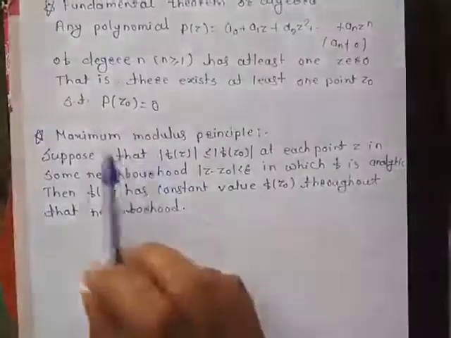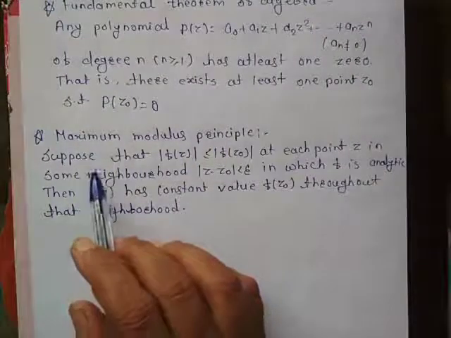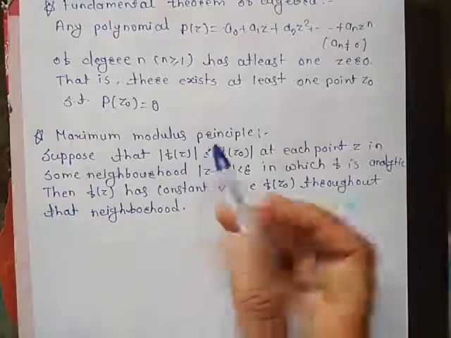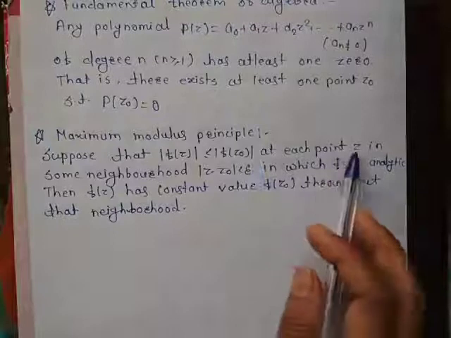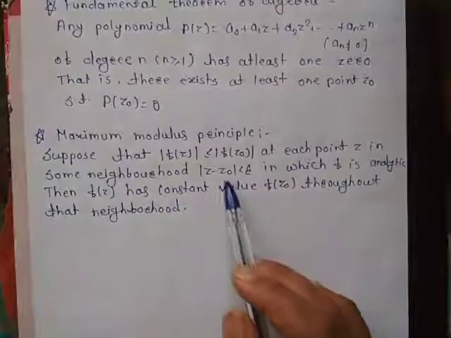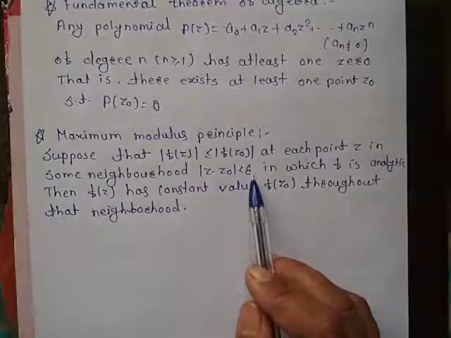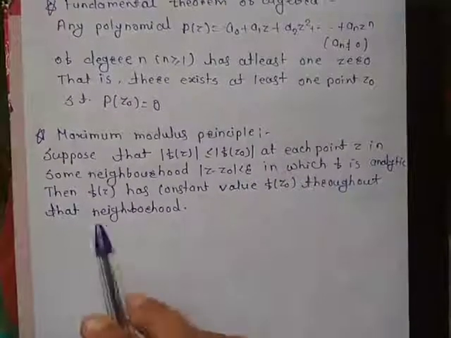Next theorem is the maximum modulus principle. Suppose that modulus of f of z is less than or equal to modulus of f of z0 at each point z in some neighborhood, modulus of z minus z0 strictly less than epsilon, in which f is analytic.